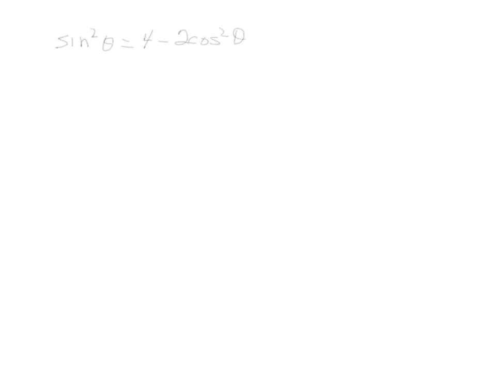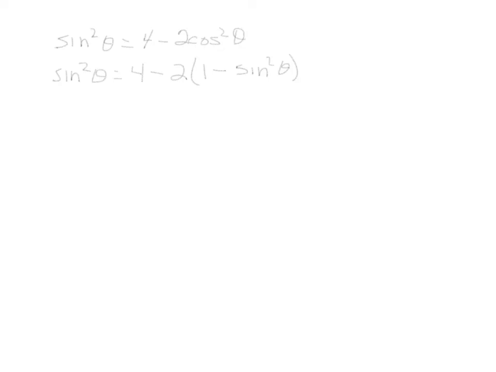So what we'll do is we'll continue. We've got sine squared, 4 minus 2. From your formula page, find a Pythagorean identity. What can we change this? This is 1 minus sine squared. So we're trying to get both the trig words to be the same word.